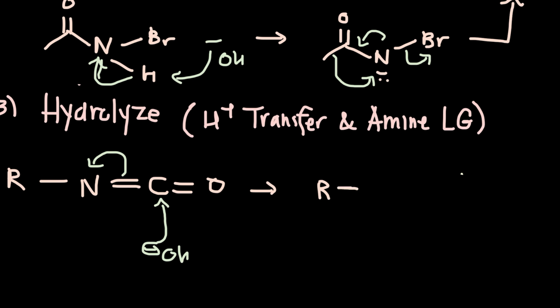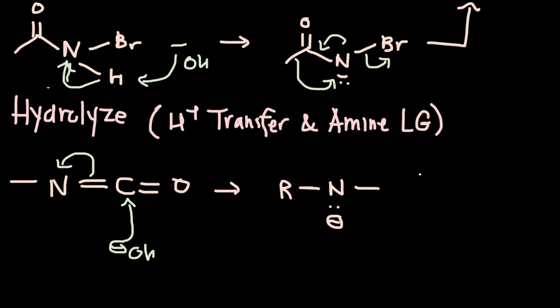Okay, so that will give us an N. Once again, we have this pattern that the first step of each of these three steps is such that we form an anion with the nitrogen.